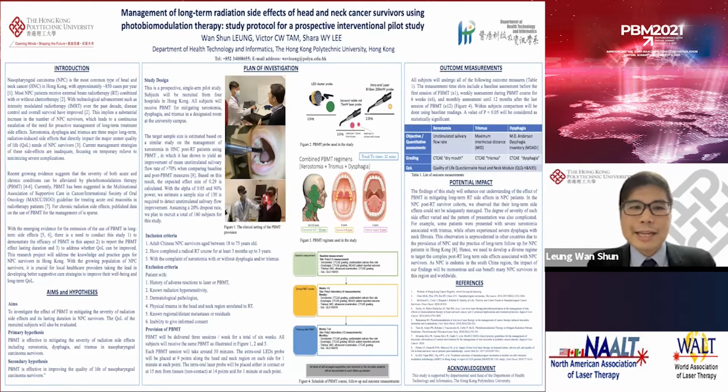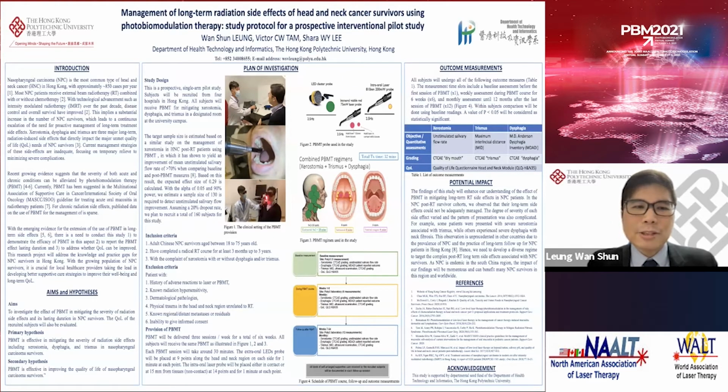A study suggests that xerostomia, dysphagia, and trismus are three major long-term radiation-induced side effects that directly impact the major unmet quality of life needs of NPC survivors. Photobiomodulation therapy has been suggested by the MASCC to treat acute oral mucositis in radiotherapy patients.